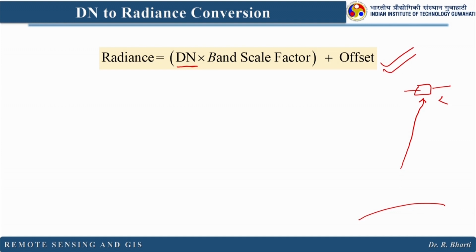Whenever you download any satellite image from any space agency website like USGS or ISRO, you will have an additional file called metadata, and that metadata will have much information which is useful to analyze those images, right?